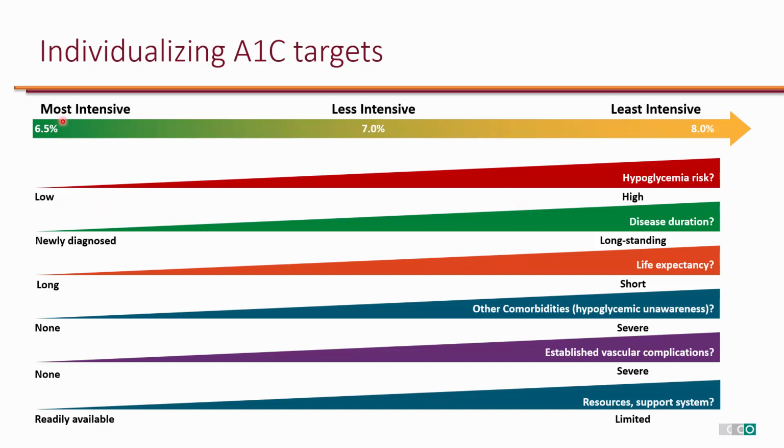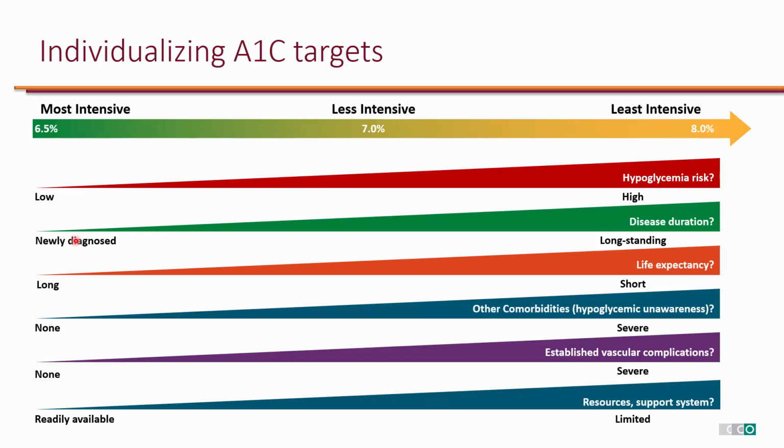Another thing to consider is if the patient has had a long-standing disease duration. If they've had diabetes for 20 years, then you may want to go with less intense. Whereas someone who was just diagnosed, you may want to go more intense in order to avoid some of the complications that the patient may not have developed yet, for example, neuropathy.